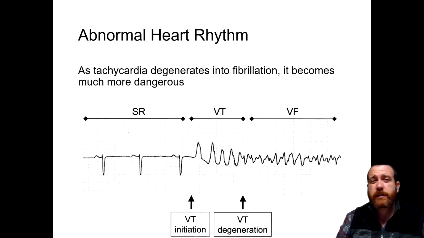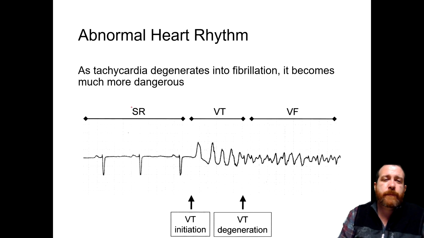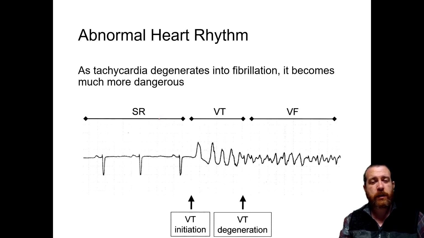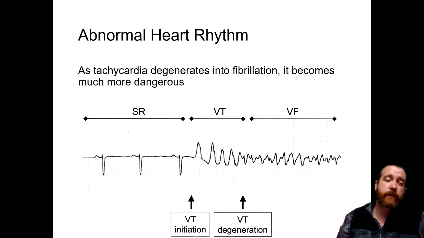I talk about tachycardia and fibrillation at the same time because oftentimes with patients, you're going to have a regular sinus rhythm, SR, so a regular atrial squeeze, ventricle squeeze, atrial squeeze, ventricle squeeze. And then if there's something, either a genetic problem or damage from a previous heart attack or damage in the brain that's sending signals inappropriately to the heart, the heart starts to lose its normal beat and starts beating too rapidly.